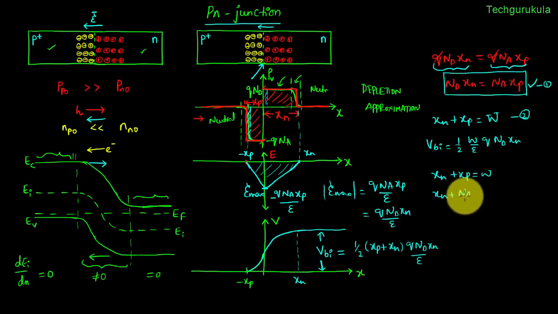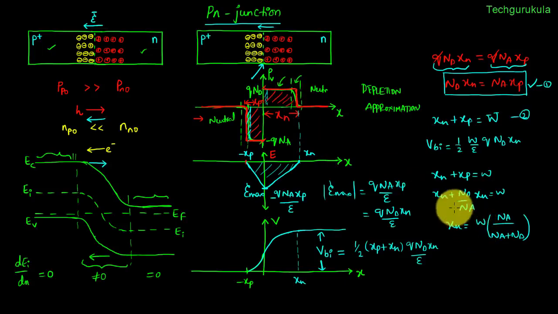So Nd over Na times xn plus xn is equal to W. So we can write xn is equal to W times Na over Na plus Nd. And we can see here that if acceptor doping is higher compared to donor doping, this fraction would be greater than 0.5, which means more depletion width would be on the N side, xn. And we can see the same scenario here, that xn is higher.